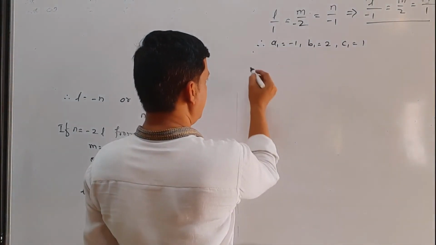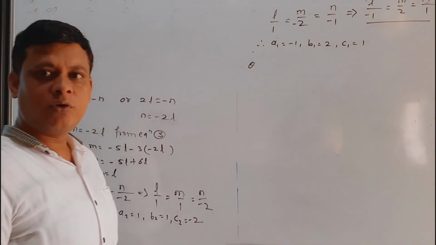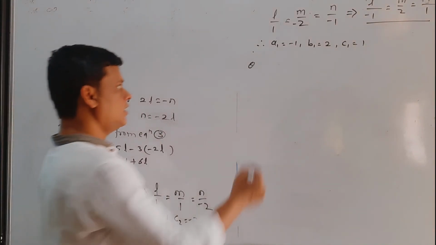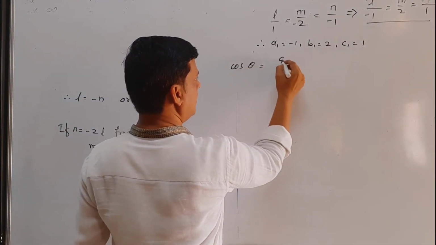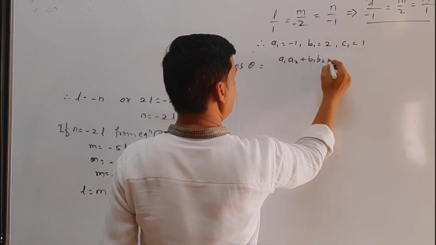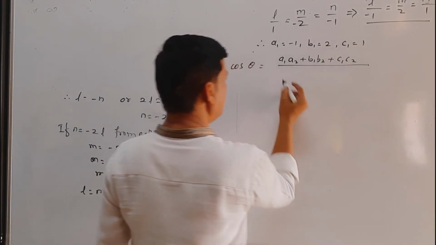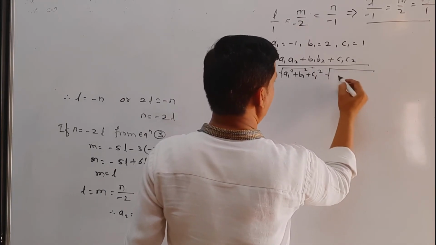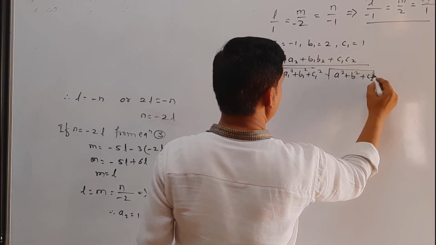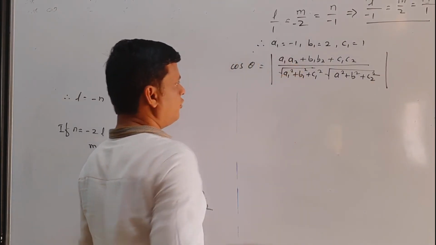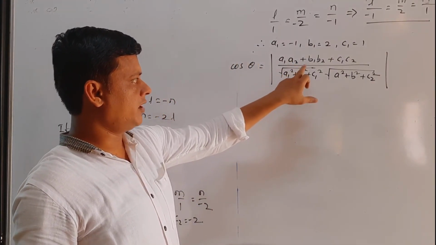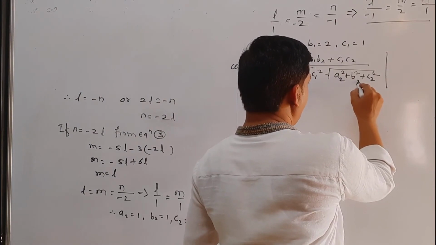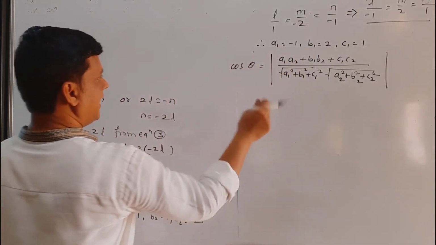So we write here, if theta is the angle between two lines with direction ratio A1 B1 C1 and direction ratio A2 B2 C2, then cos theta is equals to this formula. Now you can separately find the value of under root A1 square plus B1 square plus C1 square and under root A2 square plus B2 square plus C2 square. So that will be convenient.